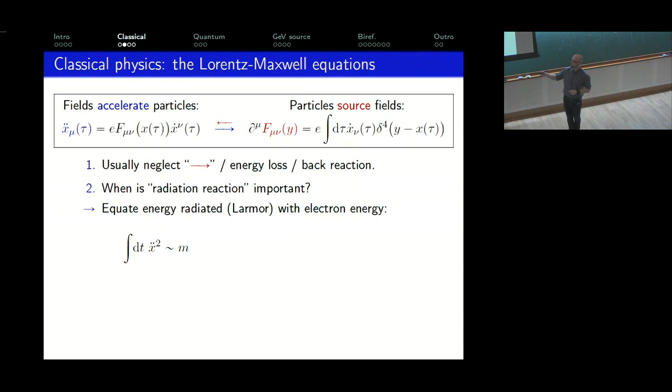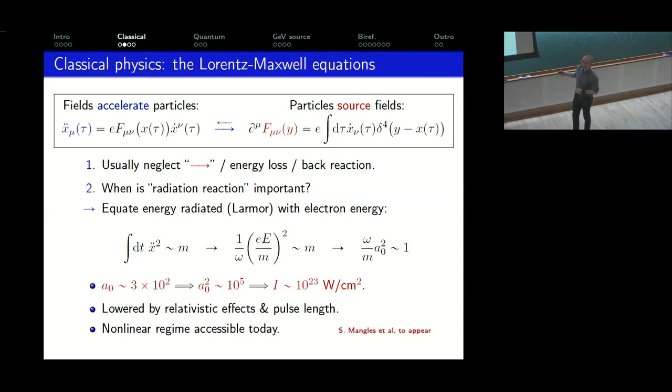So let's estimate this. Once again, time we'll measure in units of 1 over the laser frequency. There it is. The acceleration we'll take from the Lorentz force equation. There it is. And we set all this equal to the mass. We can express that in terms of A naught, our intensity parameter.